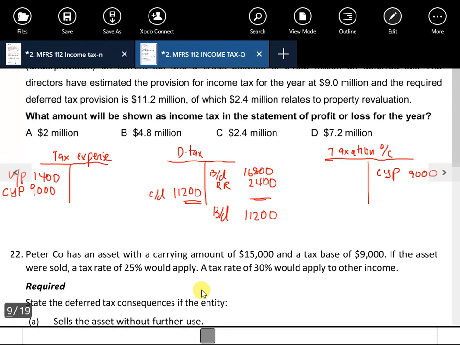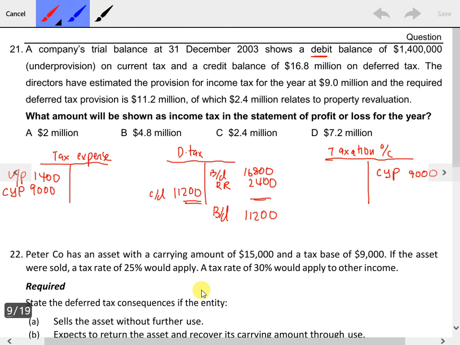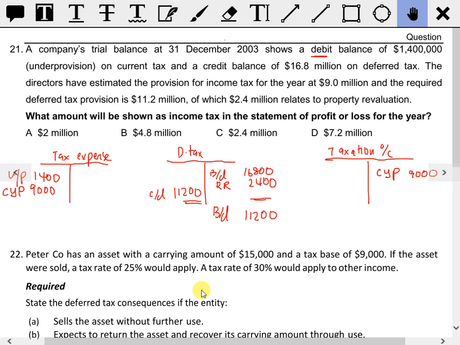It's the other side. 19,200 minus 11,000. 19 on the credit side, that is 11.